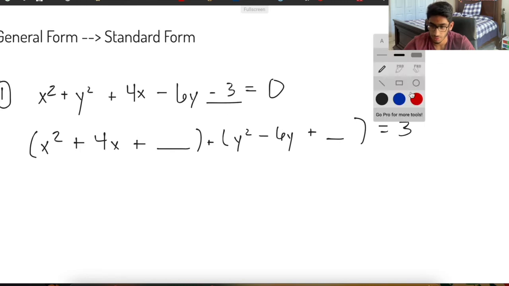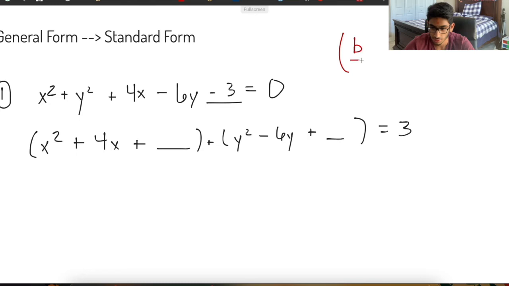The way we do that is we use the formula (b divided by 2) squared. Our b term in this set is 4. So 4 divided by 2 is 2, and 2 squared is 4. That's the number that goes in this blank.